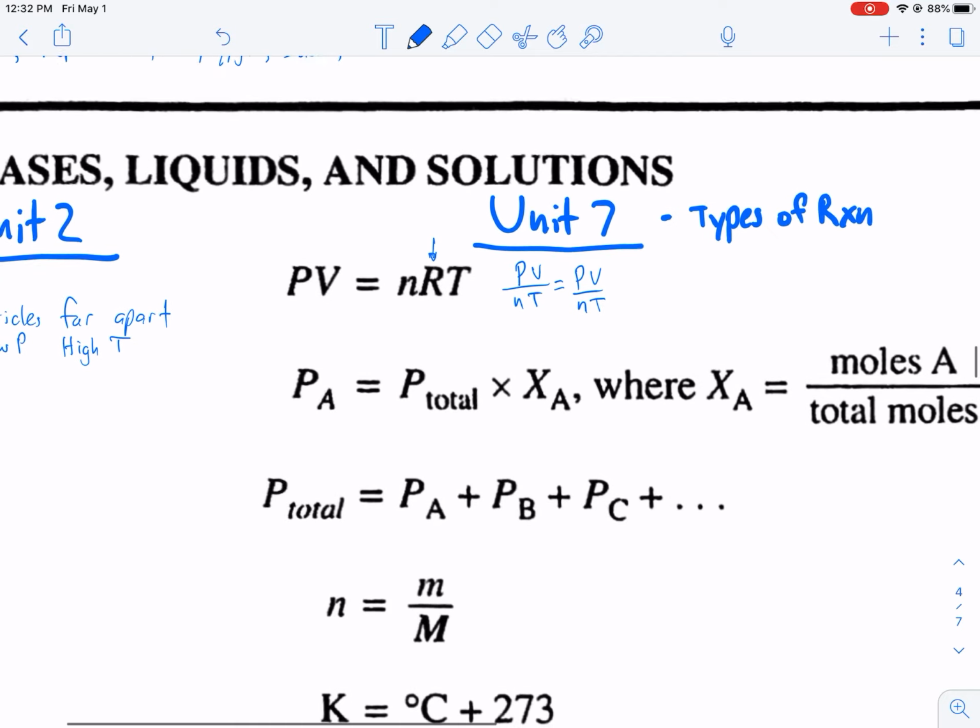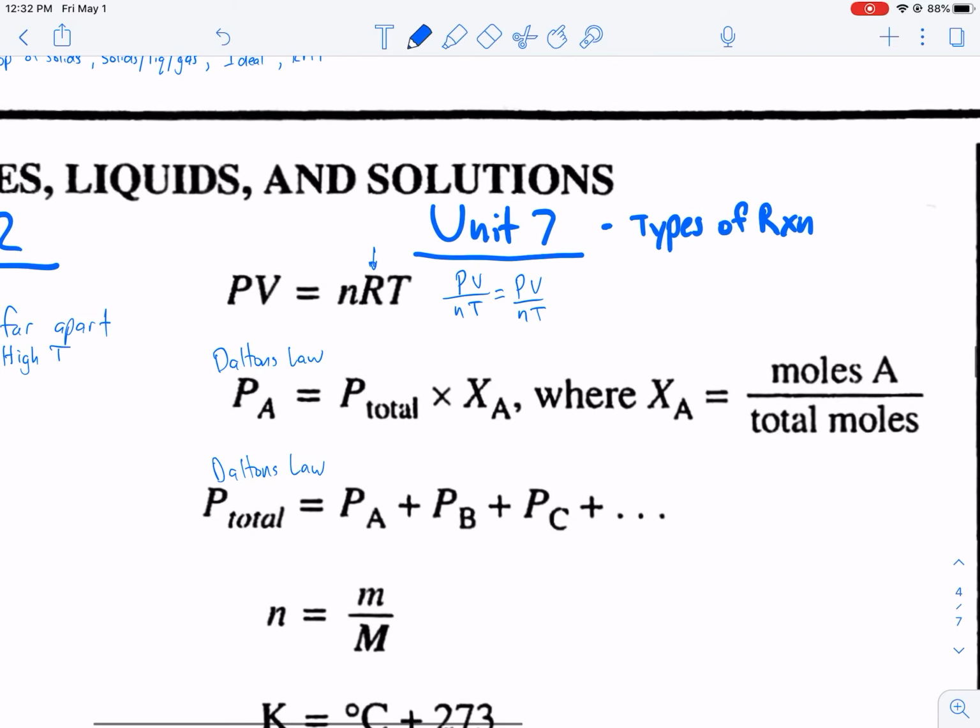The second equation that we have here is Dalton's law. Remember that they do like Dalton's law. Both of these are actually Dalton's law. When we see this one, I always drew the examples, if you guys remember.